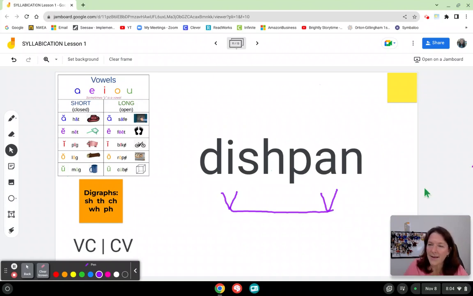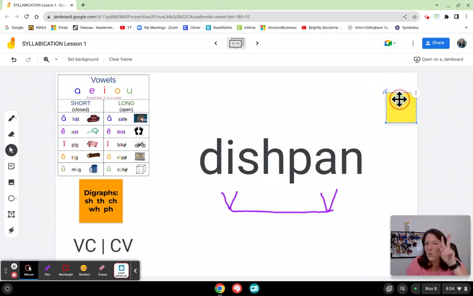Now, I have to look at one thing. You can only put 2 C's up there, but I have 3 consonants. I can only put 2 C's. That means that some of those letters are going together to make a special sound.